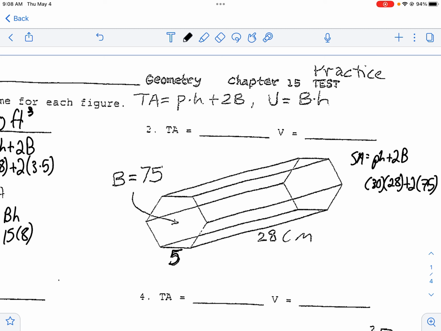So 30 times 28 plus 2 times 75 is 990 centimeters squared. Then the volume is just going to be the area of the base times the height, right? So area of the base is 75 times the height 28 gives me 2100 centimeters cubed.